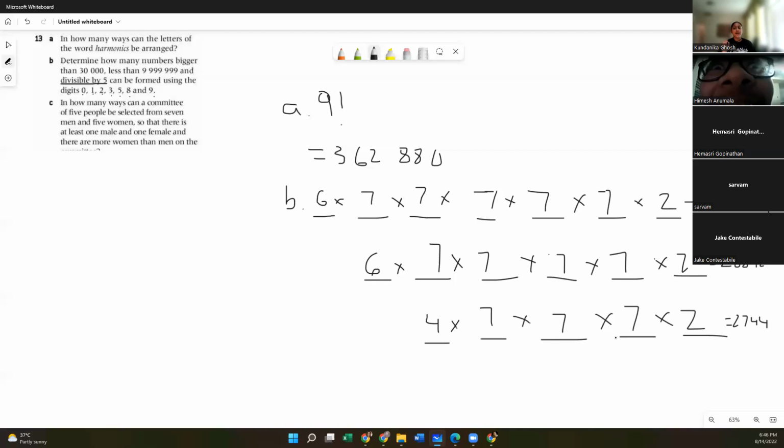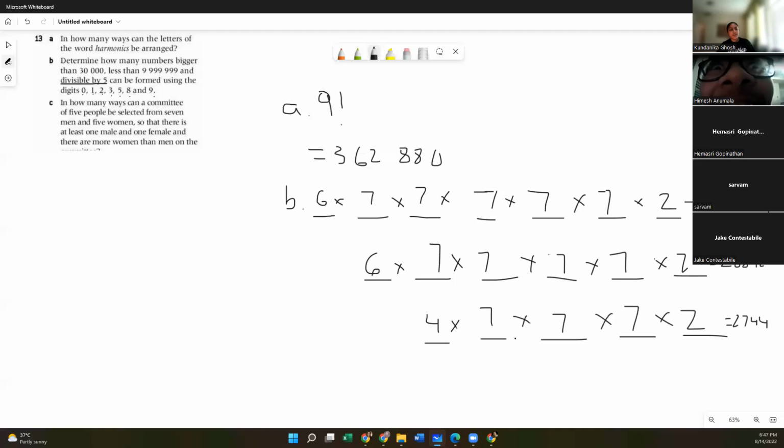Okay, now something you have to keep in mind for this kind of scenario is that you have to subtract 1 from the total number of numbers you can have, because the last number, the 4 times 7 times 7 times 7 times 2, includes the number 30,000, and it has to be bigger than 30,000. It doesn't say anywhere that it has to be greater than or equal to 30,000, right?